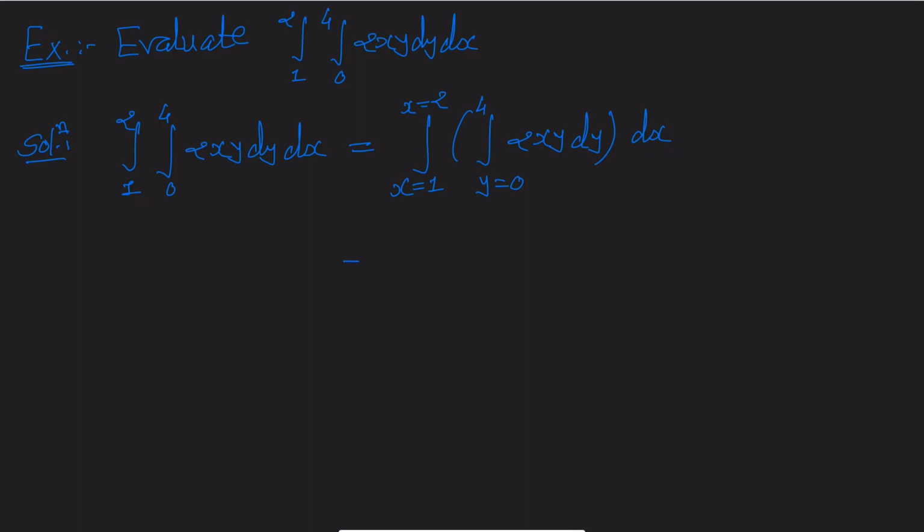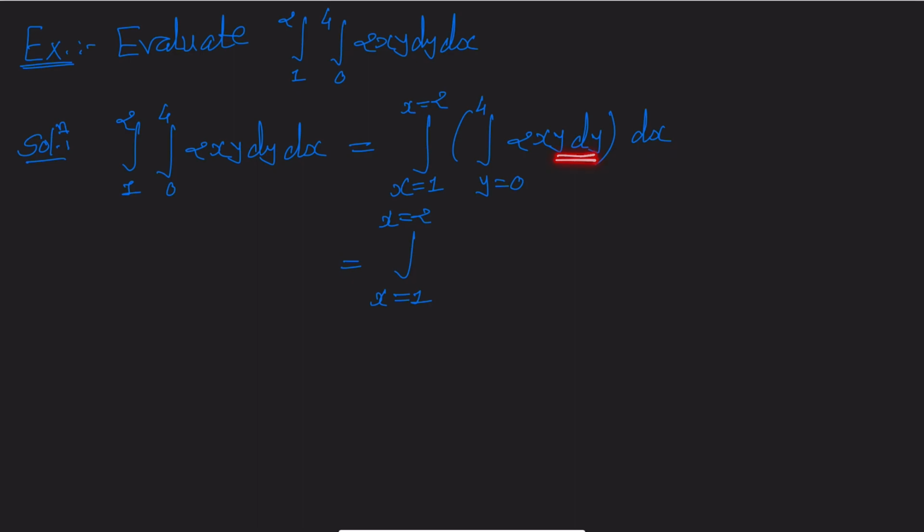Now first we integrate with respect to y because it is the inner limit. First we integrate the inner integral, then the outer integral. So here it is 2xy dy, and I have to integrate with respect to y.